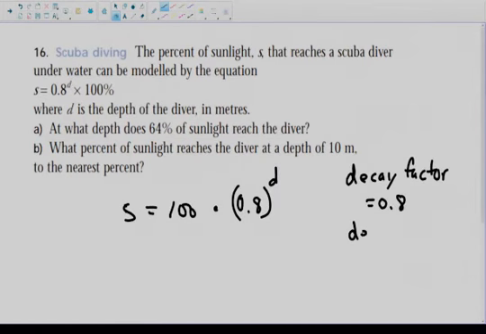But if I ask you what is the decay rate, can somebody in chat tell me, and you can all answer if you'd like, what would be the decay rate in this case? In other words, by how much is the sunlight decreasing as a percentage or as a decimal as we go down into the depths?